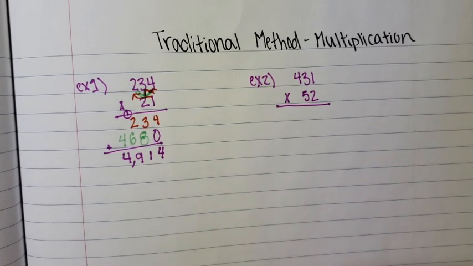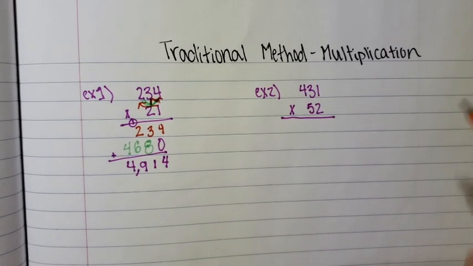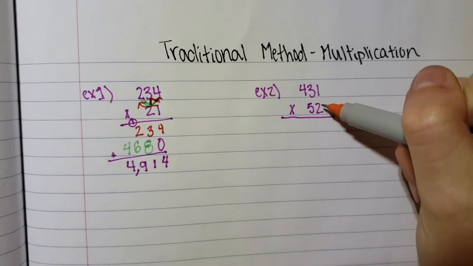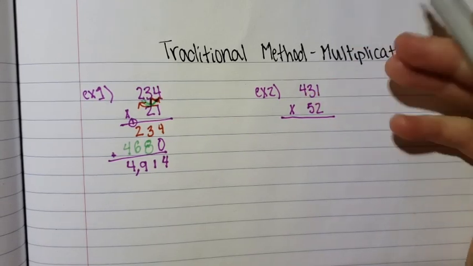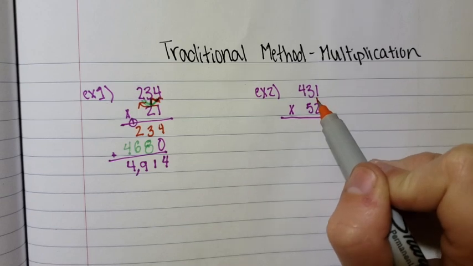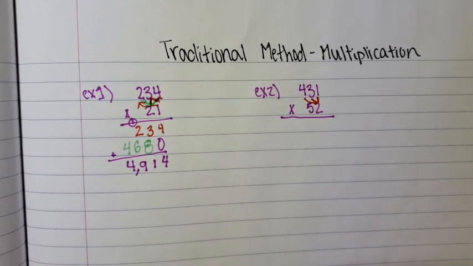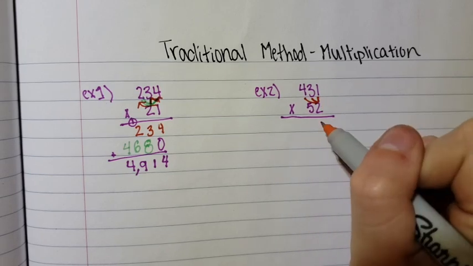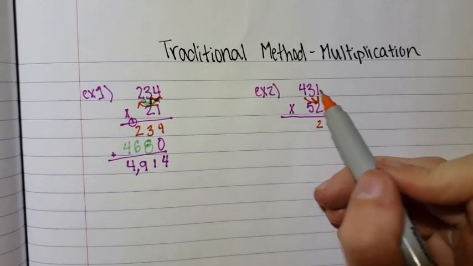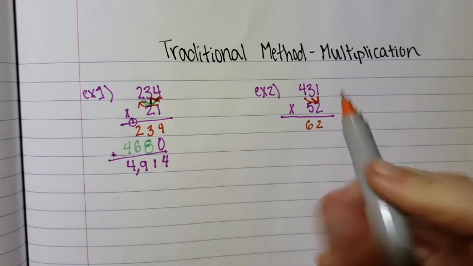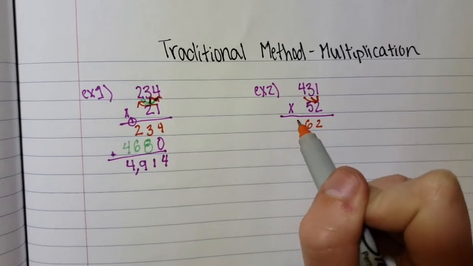So the first step when doing this method is going to be multiplying this 2 by every single number on top. So 2 times 1, 2 times 3, and 2 times 4. So 2 times 1 is 2, 2 times 3 is 6, 2 times 4 is 8.